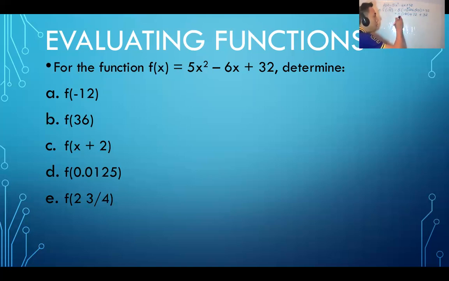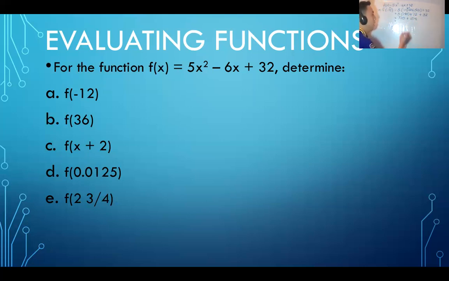144 multiplied by 5. That is 720. Am I right? 722? Got it? Plus 72 plus 32 is 104.